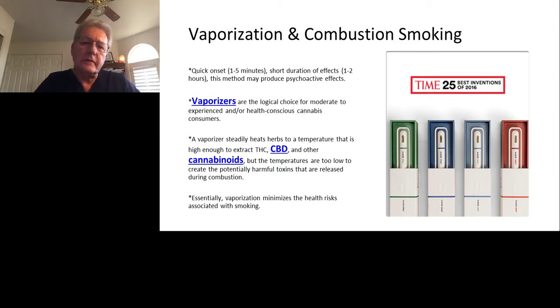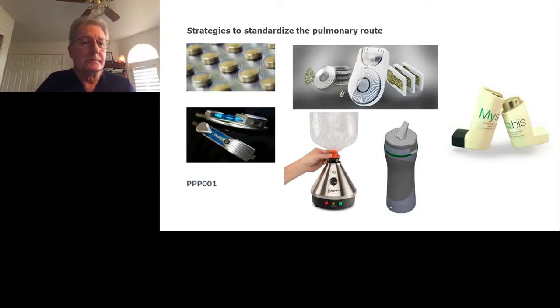Some devices, like the Dosist to the right here, can deliver a specific dosage of cannabinoids that are defined, allowing the patient, as well as the healthcare provider, to know exactly what the patient is consuming and the dose, in order to see what that patient's outcome is.